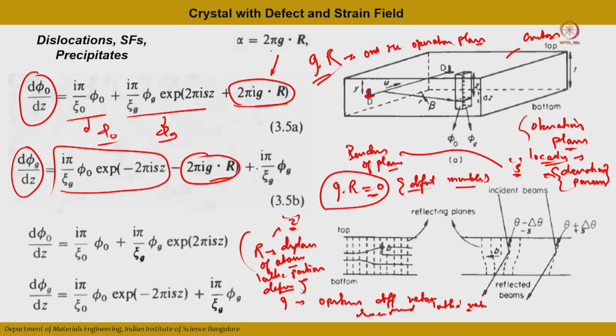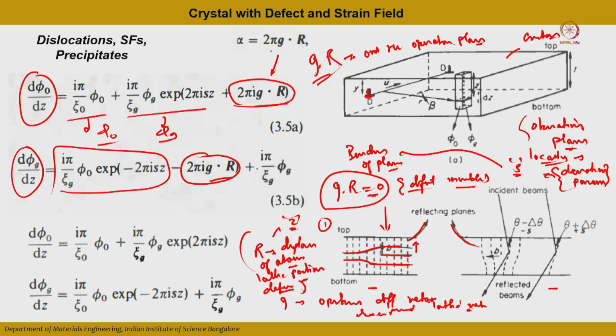Okay. So here there are two images where you can see that there are reflecting planes, and these are called your incident beam. You can see the orientation in the first case of the dislocation, which is present on a certain plane. The Burgers vector of the dislocation is in this particular direction, correct.